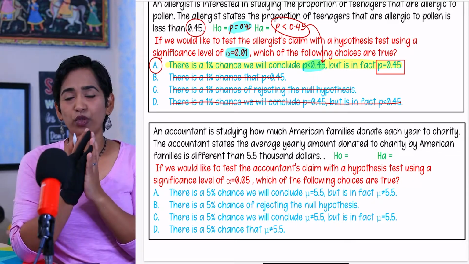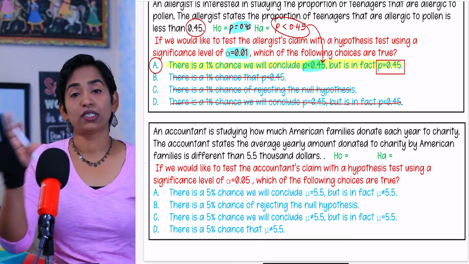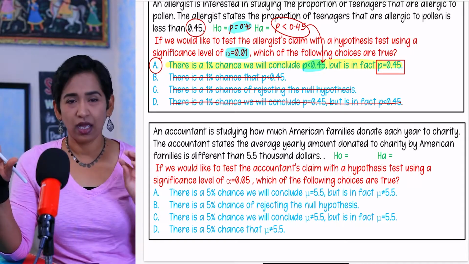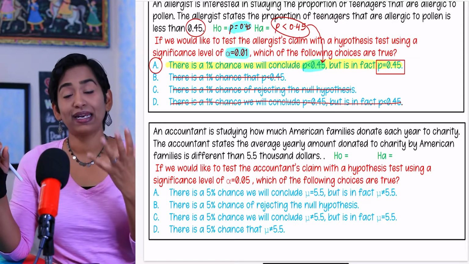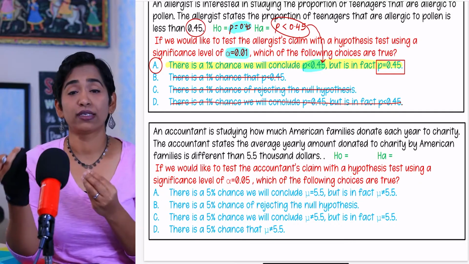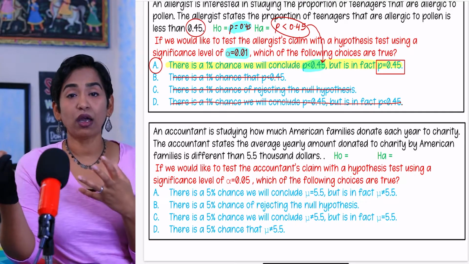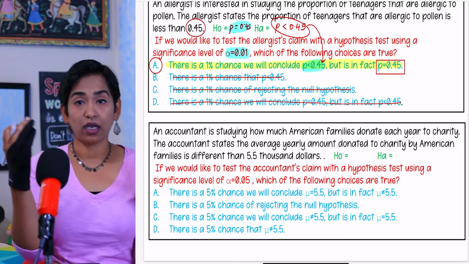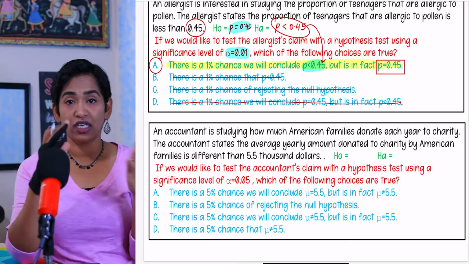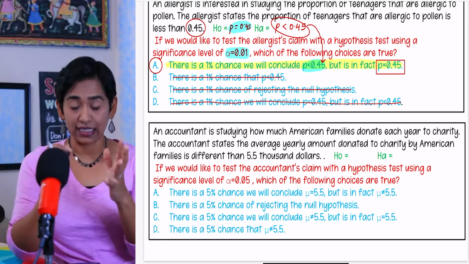Again, I start with my H naught and HA. I always come to HA later. I talk about the claim in this case. So who is he? An accountant. So what is the accountant claiming? It's different. When he uses the word different, that means he's not talking about less than, he's not talking about greater than. He's saying different is not equal to. Okay, so always keep in mind different is not equal to.